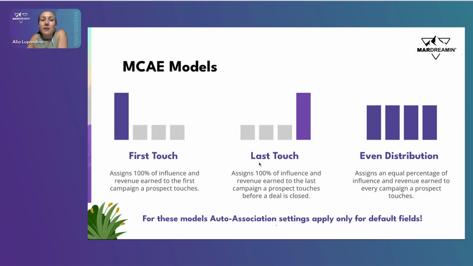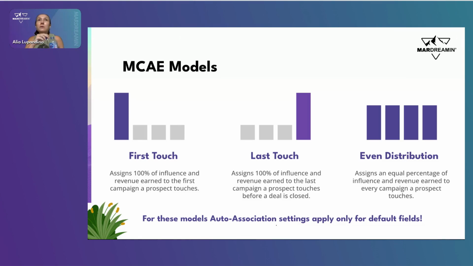So basically, if a prospect entered through one LinkedIn campaign and then received an email and then attended the webinar, and then maybe there is another campaign in between, their revenue share will be distributed equally between those campaigns.